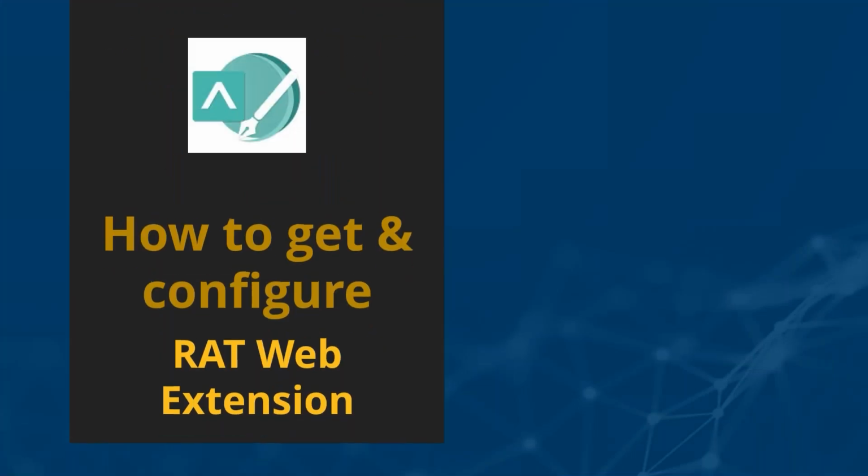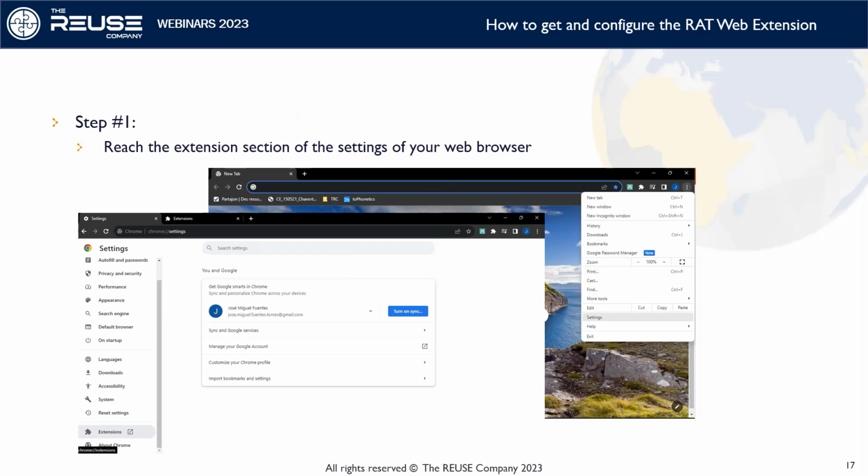Okay, so good, and now let's go right to the point with the RAT. Some few slides about how you can get the RAT installed in your computer. The idea is that, as I mentioned, it is a web browser extension. I have used Chrome in this case, and it is as simple as going to the configuration of Chrome by clicking on the three dots on the top right corner of your screen.